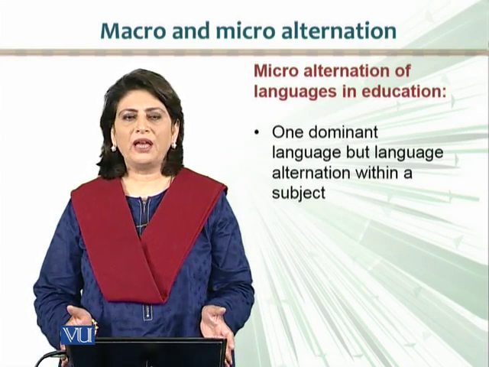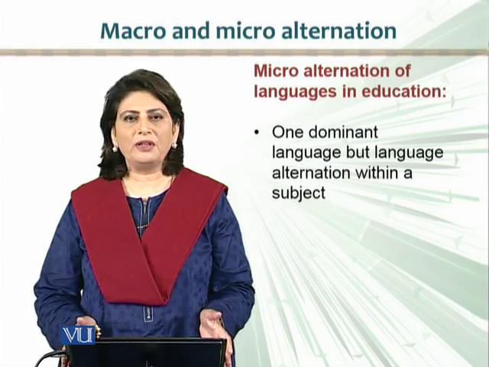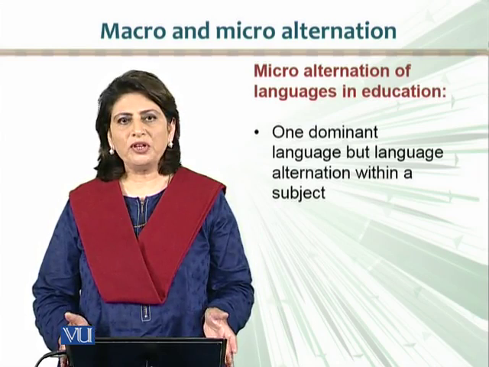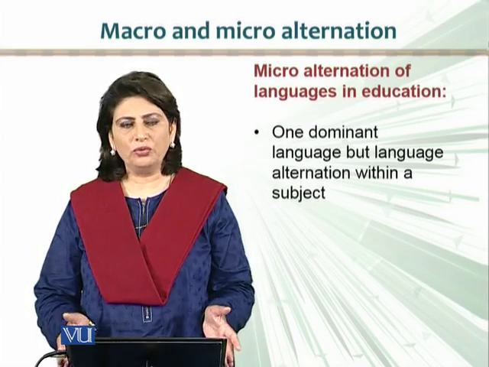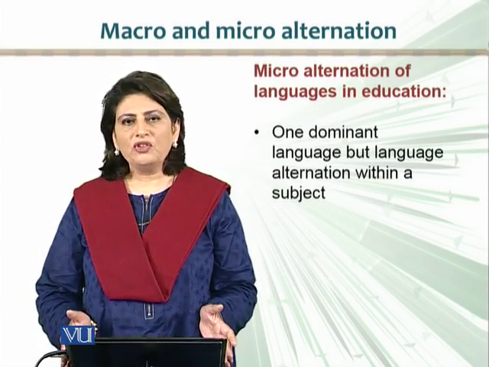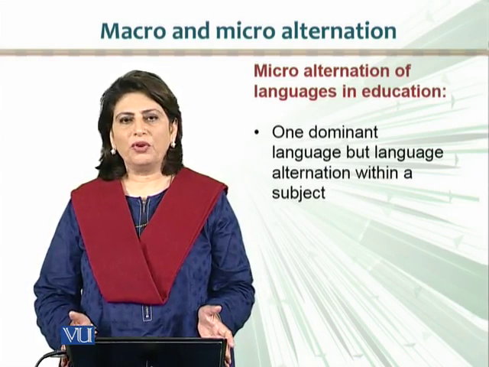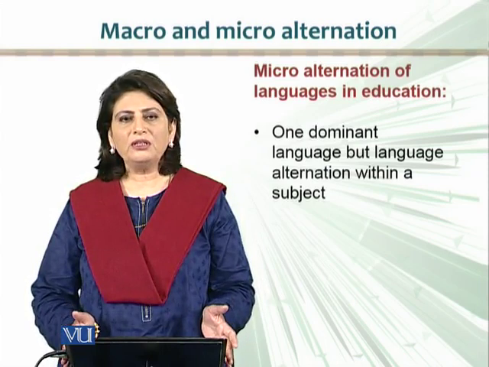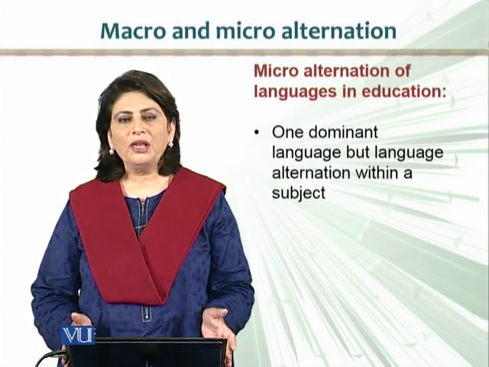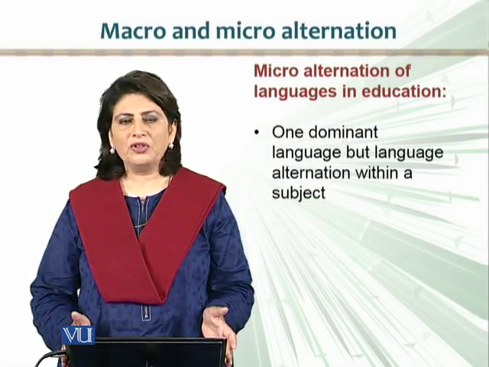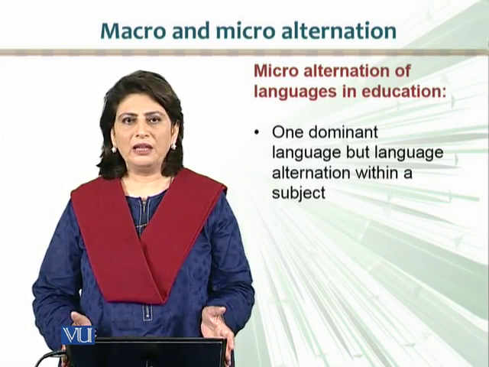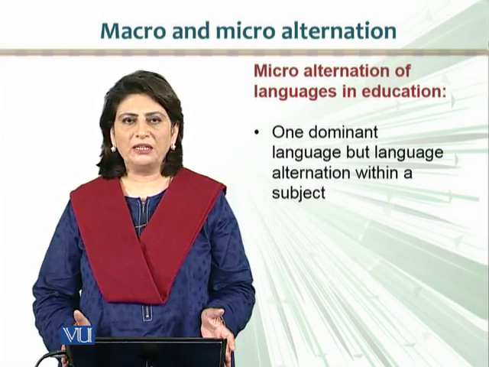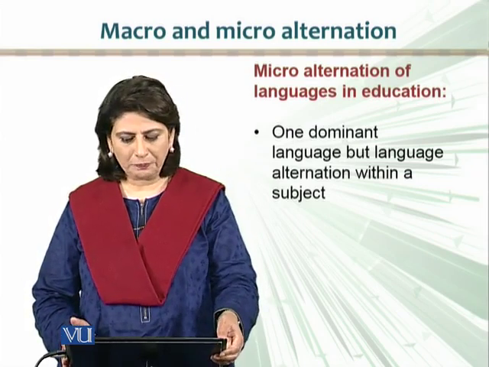So you might have a subject, for instance, in English, but the children might be allowed to do project work, for instance, in Urdu or any other language. So this micro-alternation would mean that within the instruction, within the teaching-learning situation, you allow both languages to be there. However, there will still be one dominant language.